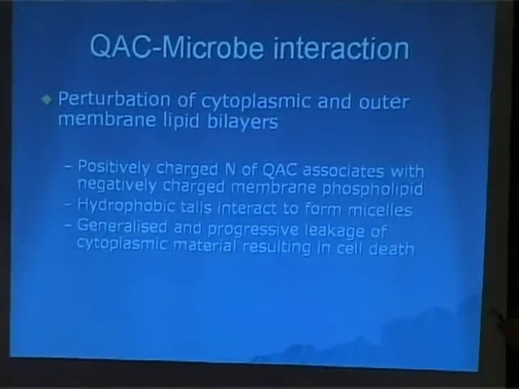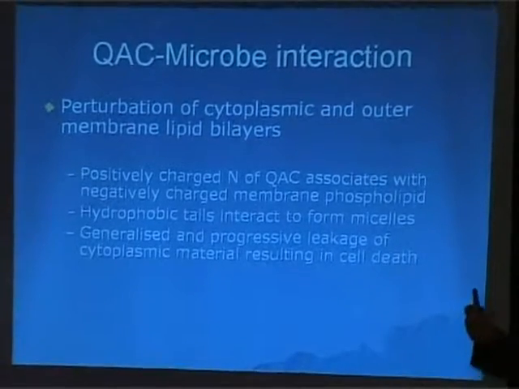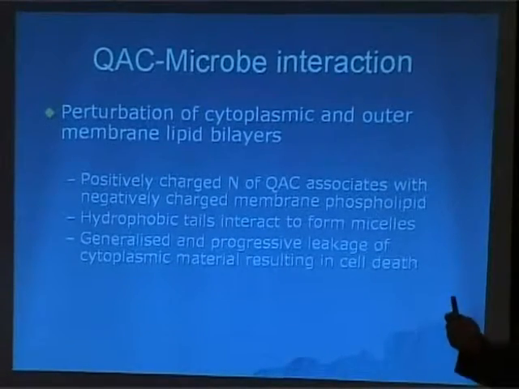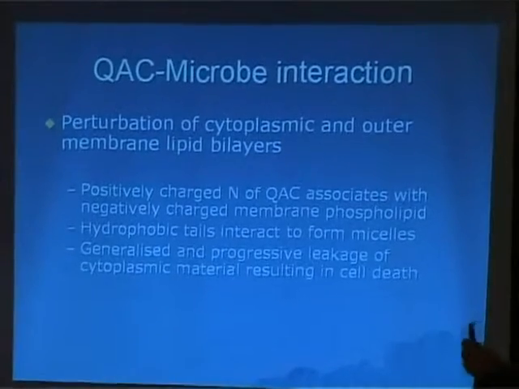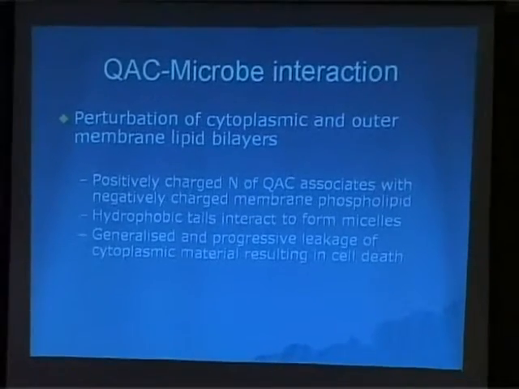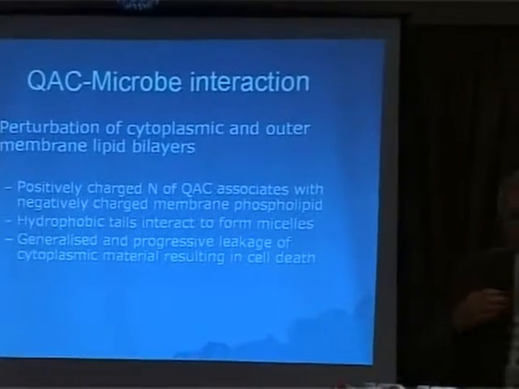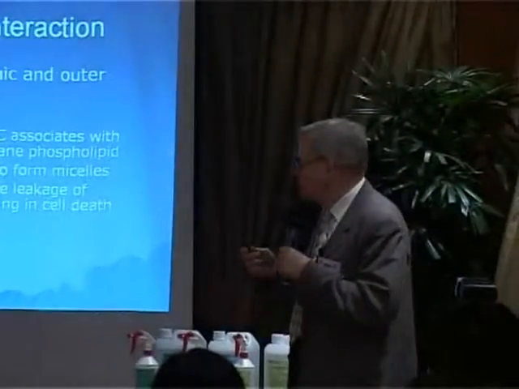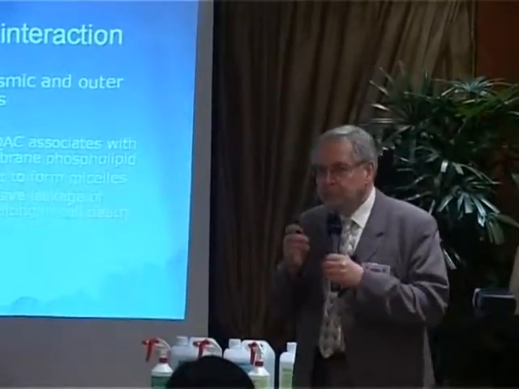So like, the opposite charges, the positive charge and the negative charge, react together. They impinge upon each other. You get this electrostatic interaction. That's the starting point. But it doesn't stop there.